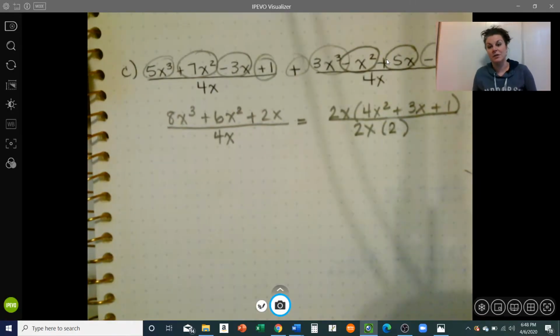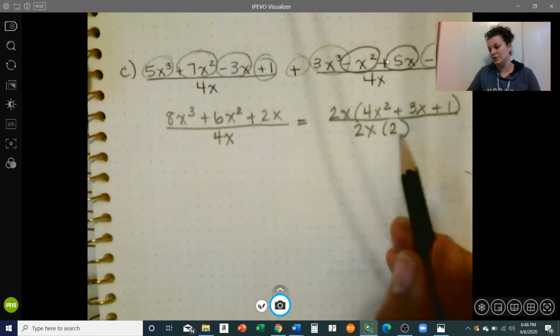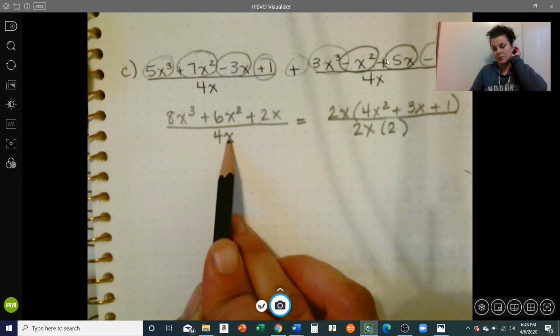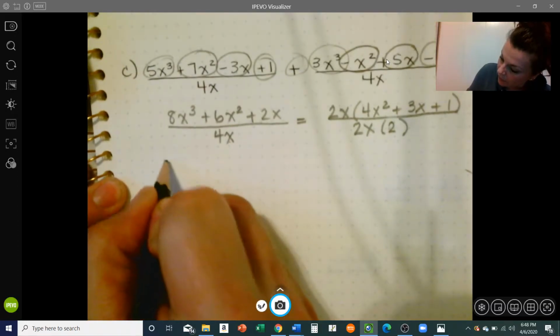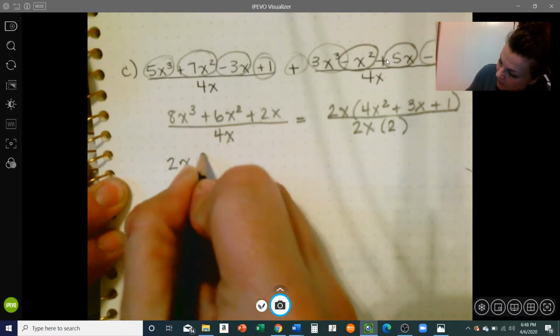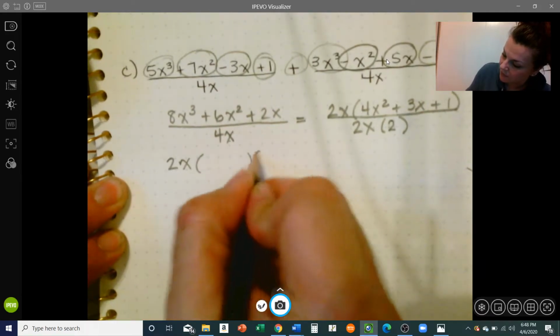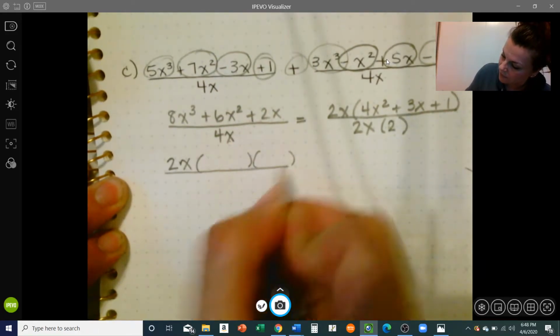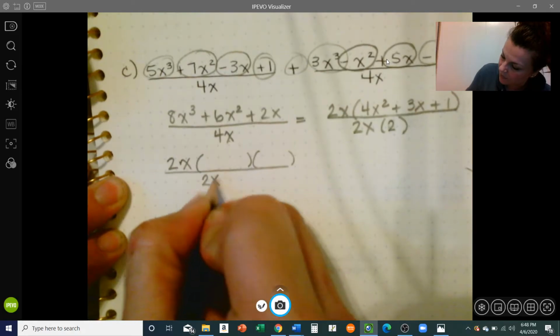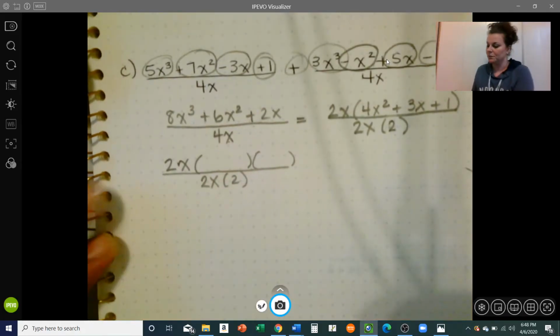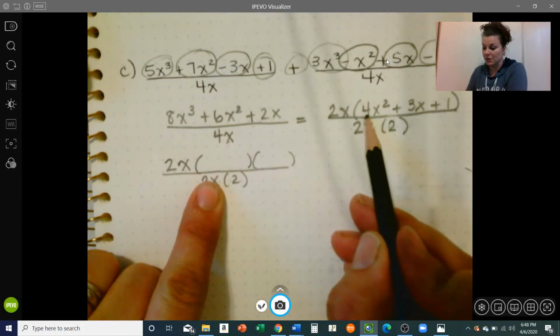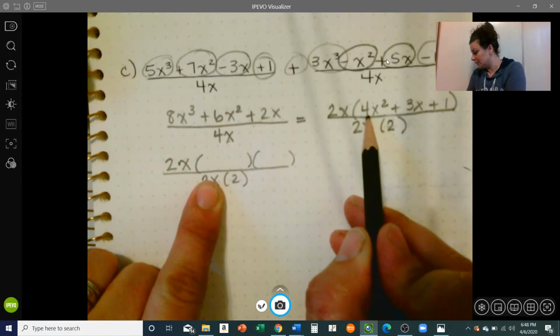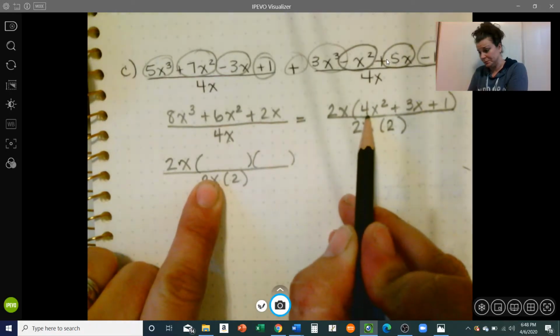I can factor 2x out of the bottom because 2x times 2 is 4x. Okay, so I need to factor here if possible.